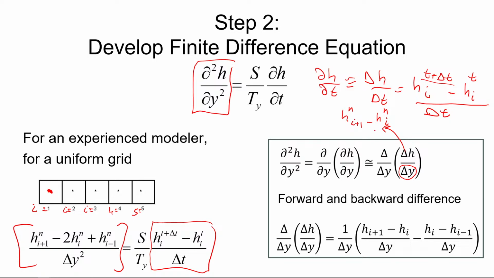But here I have the difference of this term. So what this means is that I have delta H over delta Y at 2 minus delta H over delta Y at 1.